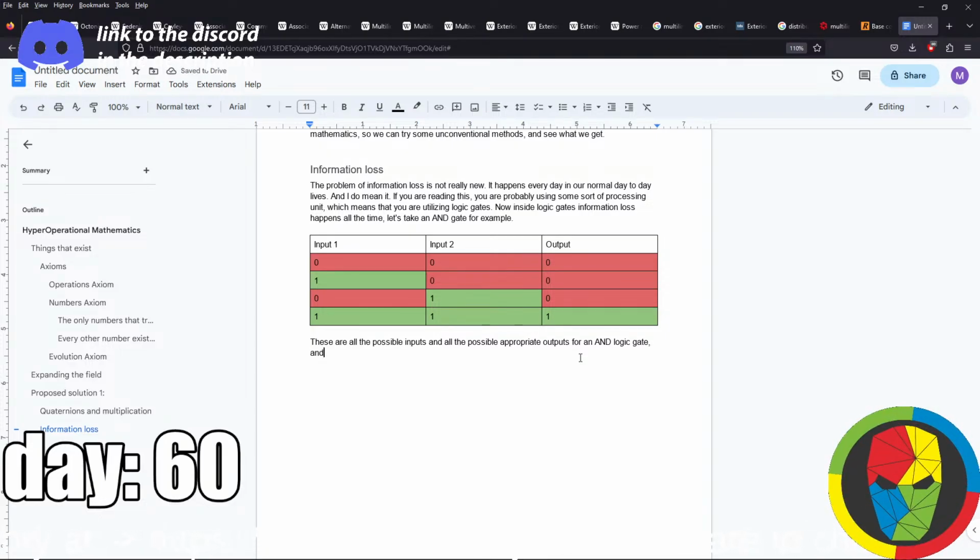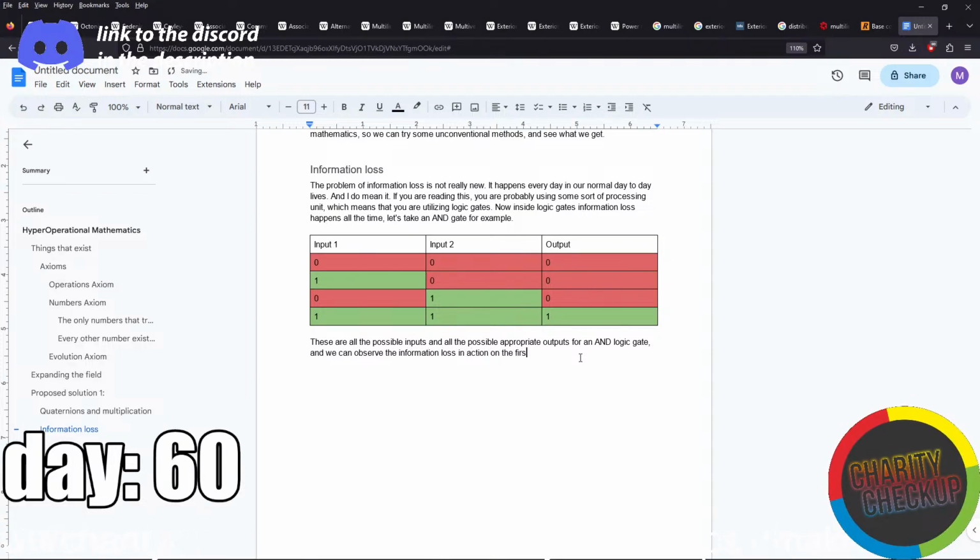Logic gate, and we can observe the information loss in action on the first line.